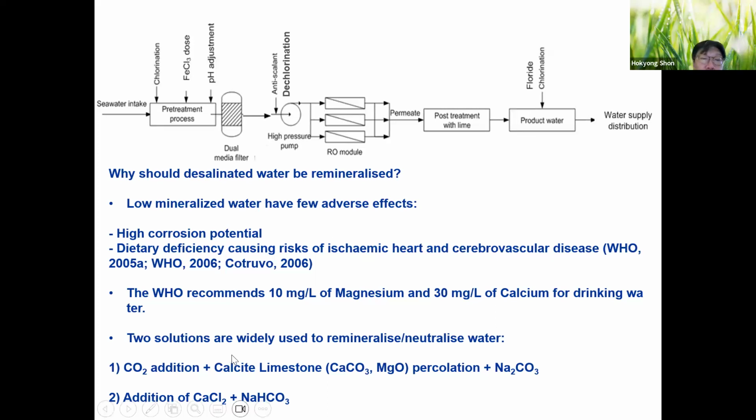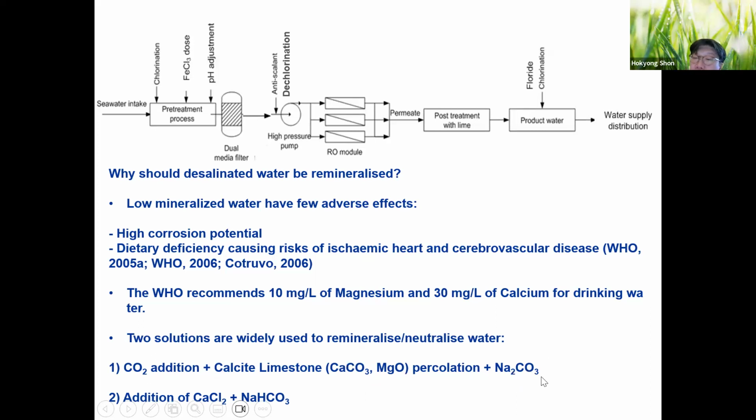So two solutions are widely used to mineralize and neutralize water. And the CO2, as I mentioned, will convert to bicarbonate, depending on your pH. So you have bicarbonate and calcite limestone, calcium carbonate, and magnesium oxide.